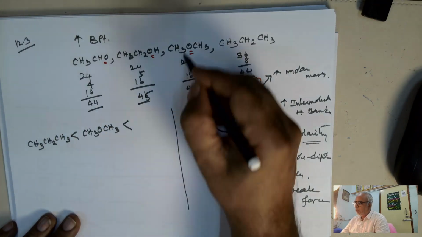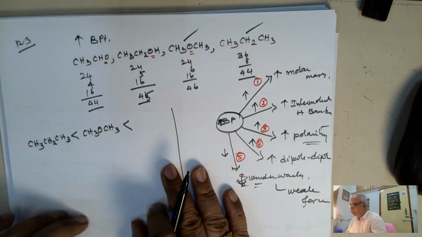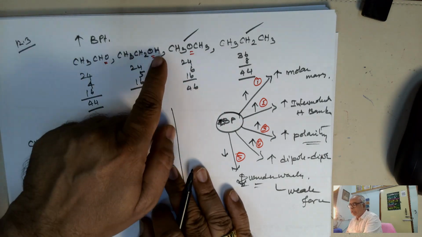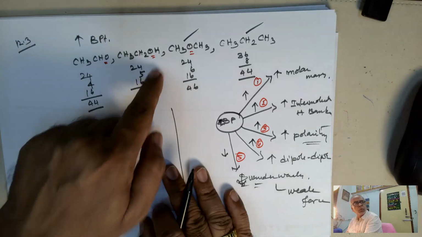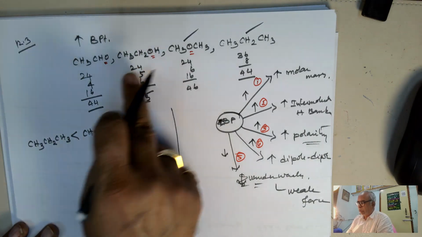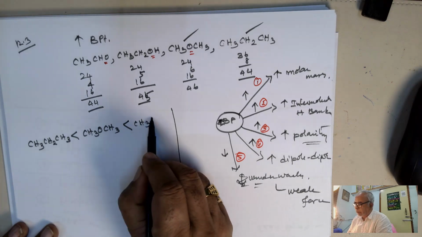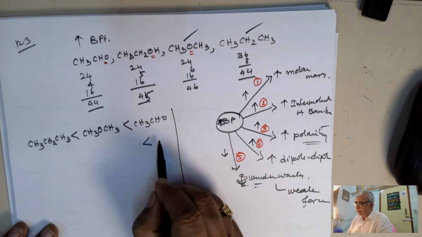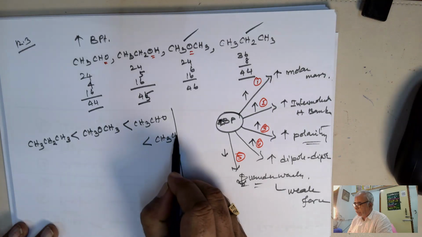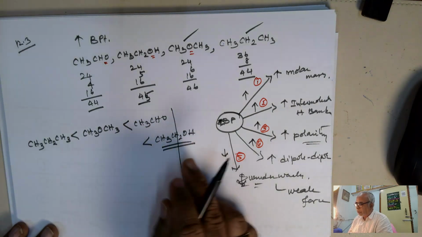Now we are finished with these two, and you have to take a judgment. In this case, you have got the hydrogen bonding in CH3CH2OH, and therefore this will be the last one, and this comes to the third one. So what are the salient features of this one?